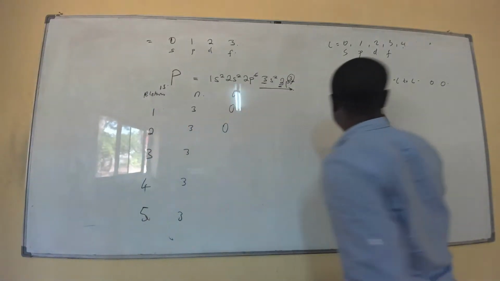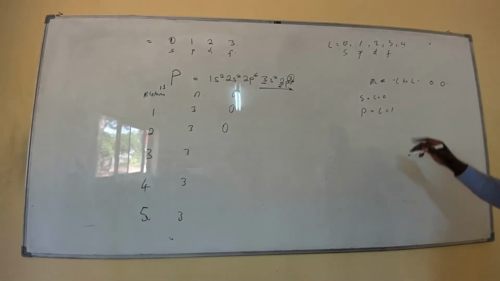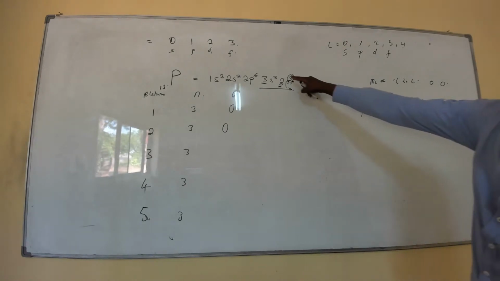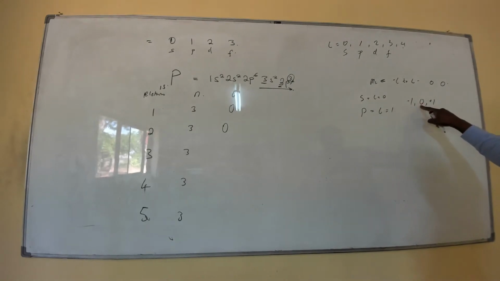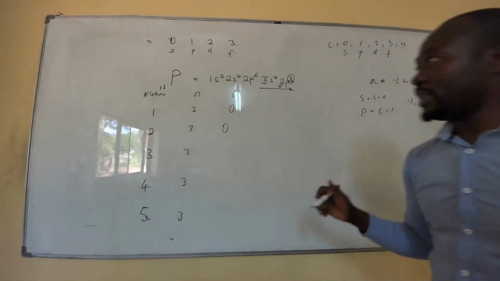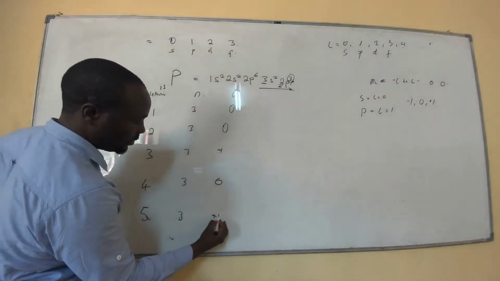So L is equal to 1. When we use this concept, you have minus 1, 0, plus 1. Meaning each of these 3 electrons, one is in here, one is in here, one is in here, because they are singly filled.